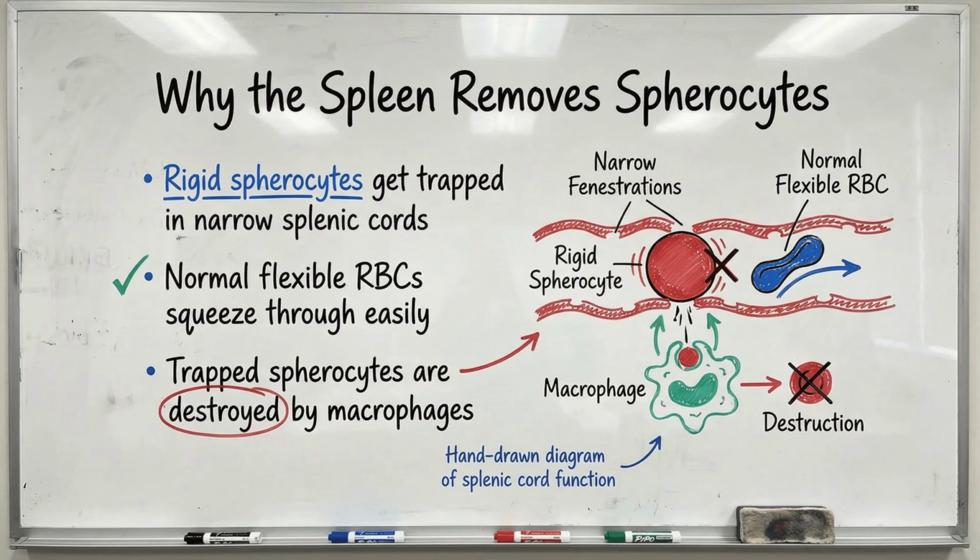They can't contort themselves to fit. Once trapped, the ever-vigilant splenic macrophages recognize them as abnormal and quickly remove them from circulation. This is a classic example of extravascular hemolysis, and it's why splenomegaly is a common finding in hereditary spherocytosis. But spherocytes aren't the only oddly shaped cells we see from membrane defects.